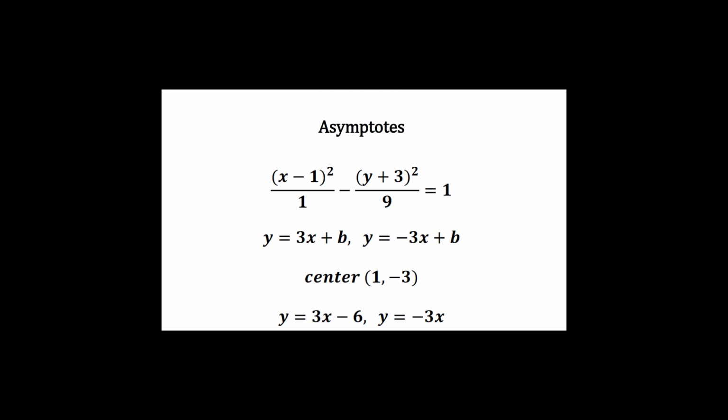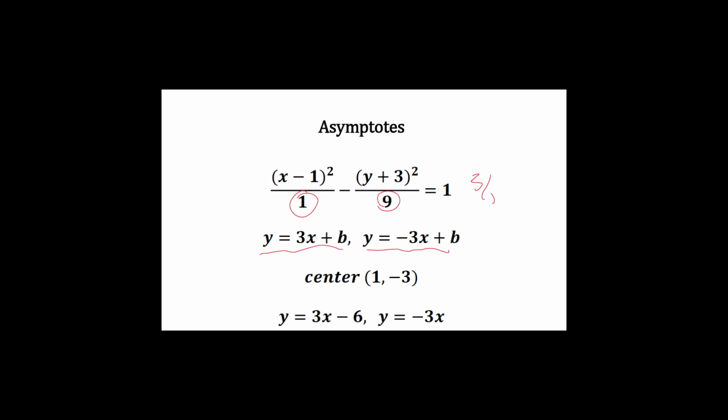Just one more thing. They didn't ask for this, but I'd like to look at how you would calculate the asymptotes. The asymptotes are going to be linear equations, and the slope of the line is always going to be the y term over the x term. So that's 3 over 1.